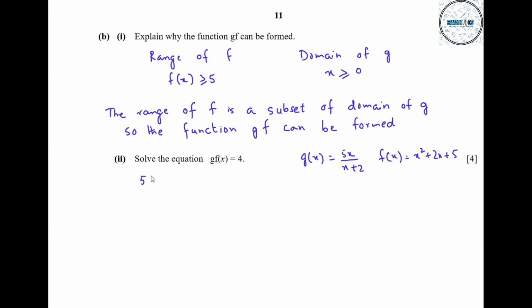So in place of x, we will be substituting x square plus 2x plus 5 upon x square plus 2x plus 5 is equal to 4.